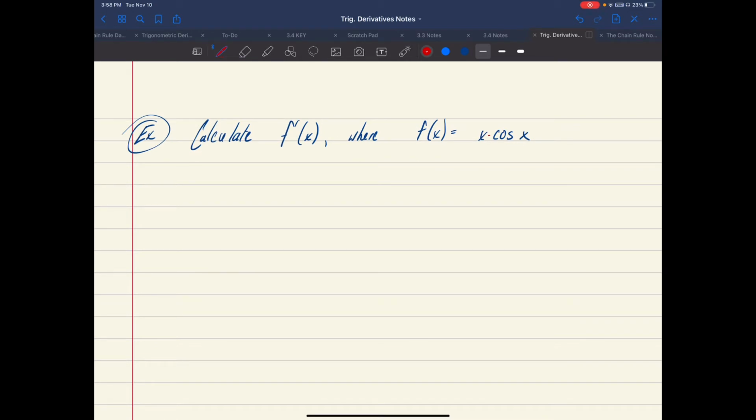You'll see there's a little red dot between x and cosine. So we're going to apply the product rule first. If I take the derivative, it would be u prime, where u is here and v is here. So u prime is 1 times v, and we're going to add that to x times the derivative of cosine, which is negative sine.